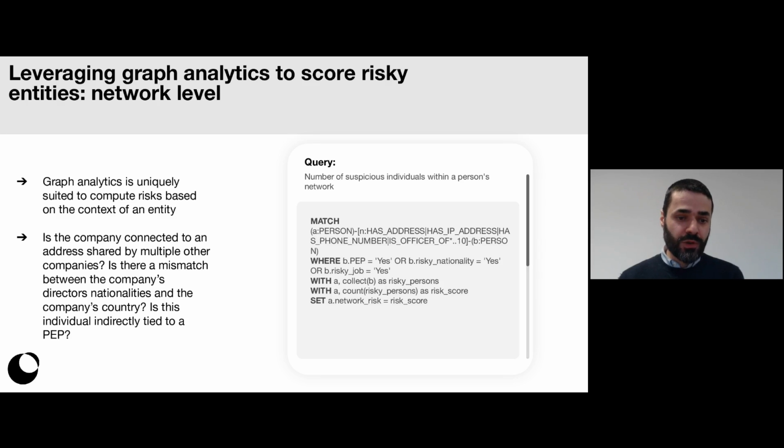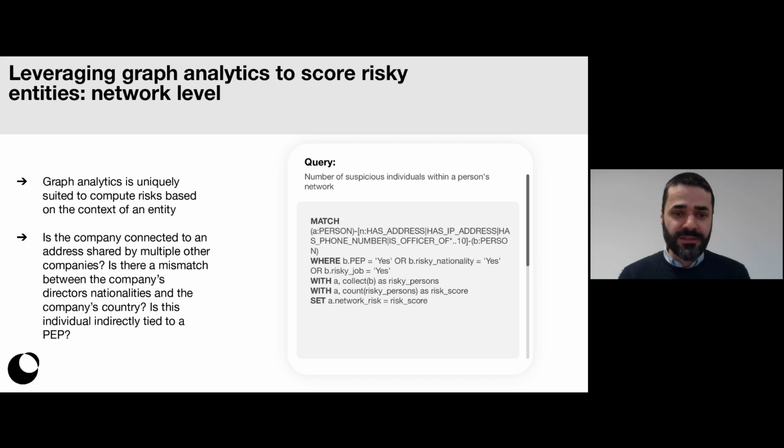Or maybe you want to know if a particular individual that you are dealing with is indirectly tied to a politically exposed person. In all of these situations, it's not just about what's happening for the particular entity, but more about the network of this entity and the surrounding of that entity. And graph analytics, once again, is uniquely suited for that kind of analytics.